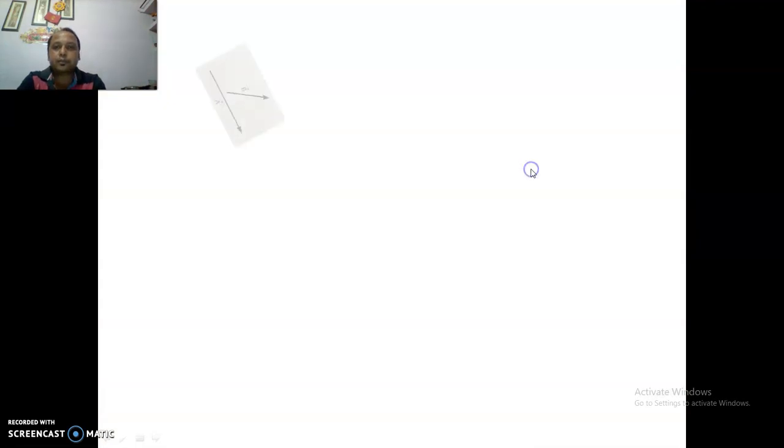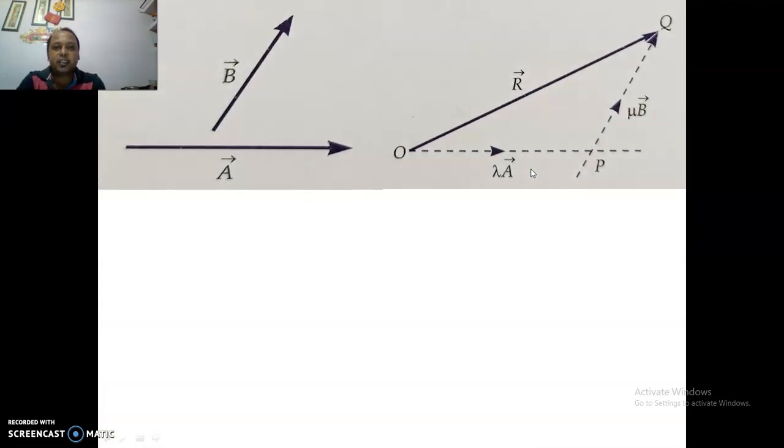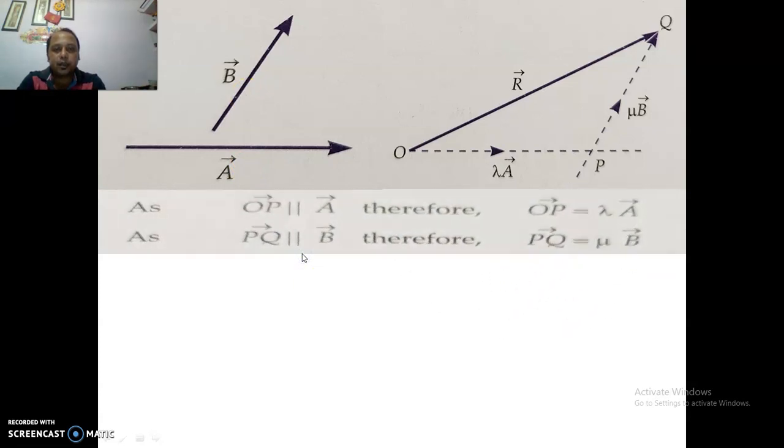Now, for the two vectors a and b and the actual vector r which we have to resolve, you can see that vector OP is parallel to vector a. Therefore vector OP can be written as lambda times a. This symbol is called lambda. So lambda times a.